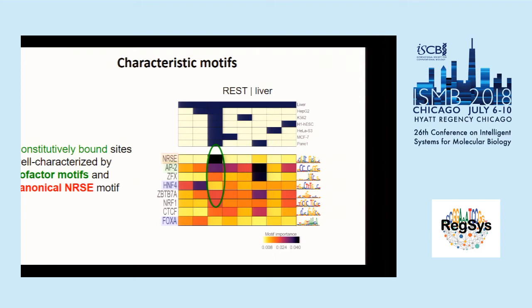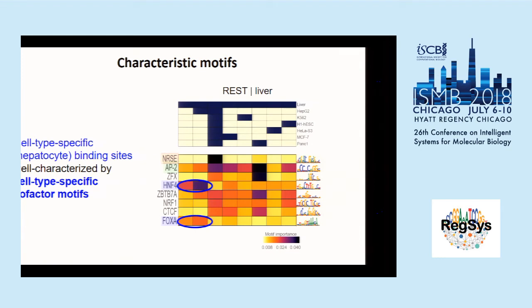Instead, the first two columns are hepatocytic cell types, and we see HNF4 and FOXA, pretty canonical hepatocytic cofactors, characterizing those pretty well, and also further ones as you go further down the list.